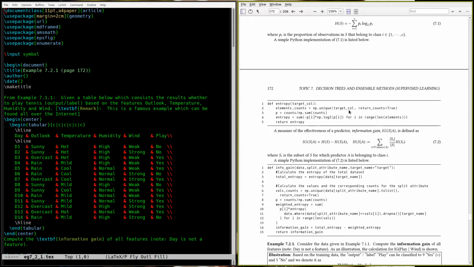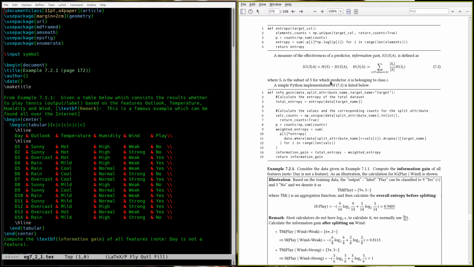Then you find p by dividing over the total, and then you just sum them up. Don't forget there is a negative sign, because entropy should always be positive. The negative sign turns the negative value after the calculation into a positive value. And what is information gain?